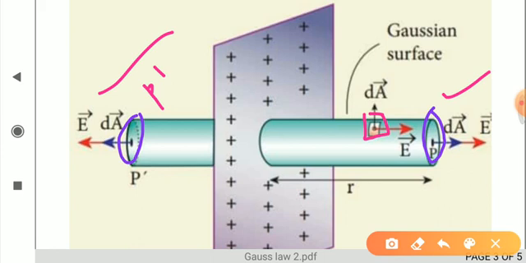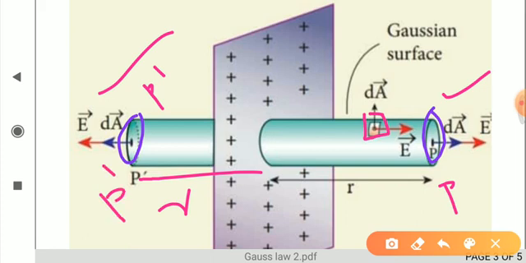Then one more thing you have to remember: the point P dash is also at the same distance R from the center. This is a one-dimensional diagram, so we cannot show it clearly. In the textbook you may see a large length on the right side and a smaller length on the left side, but it is not like that. Both the points P and P dash are at the same length R from the infinite plane sheet.